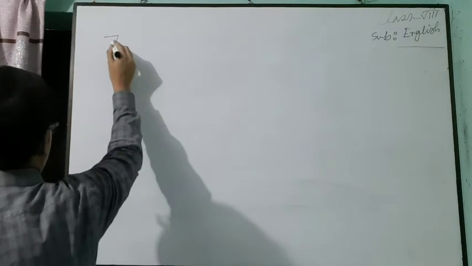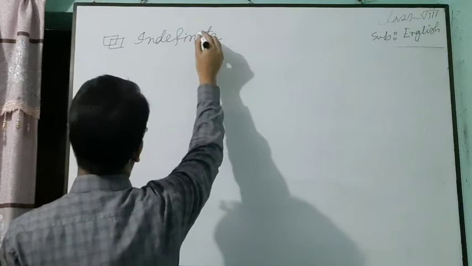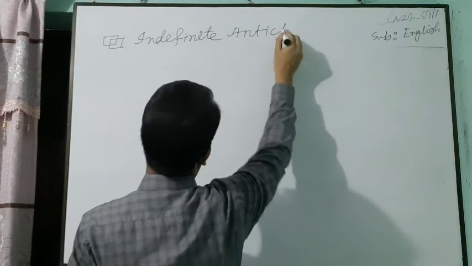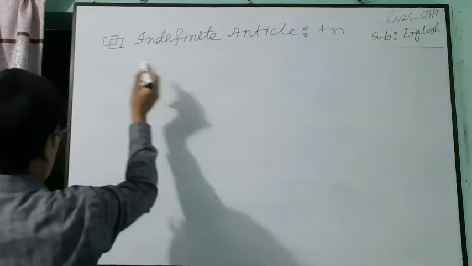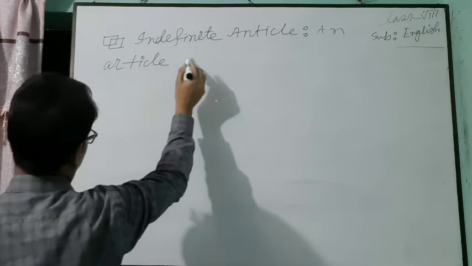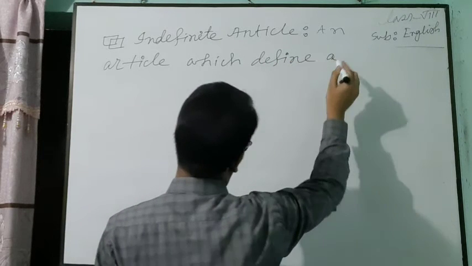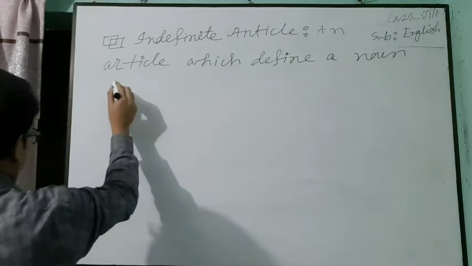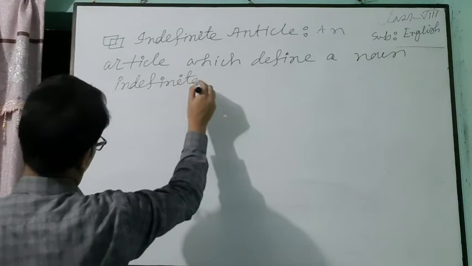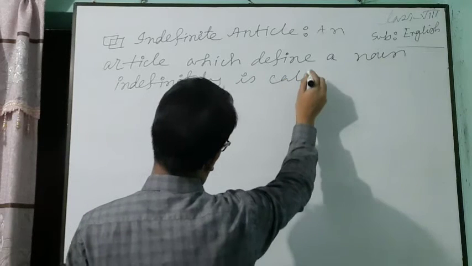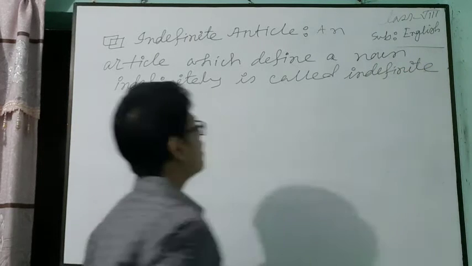An article which defines a noun indefinitely is called an indefinite article.